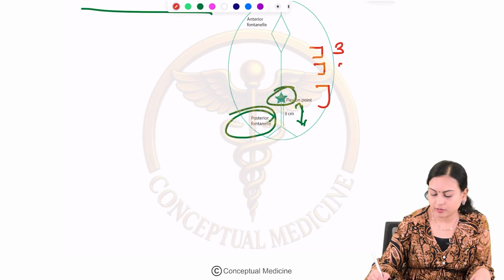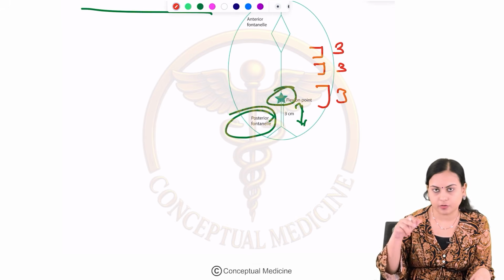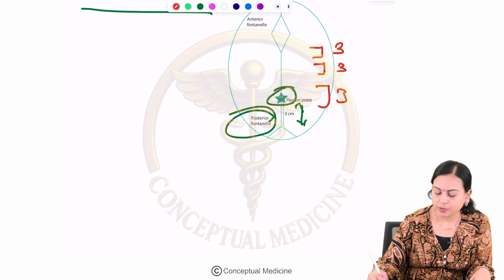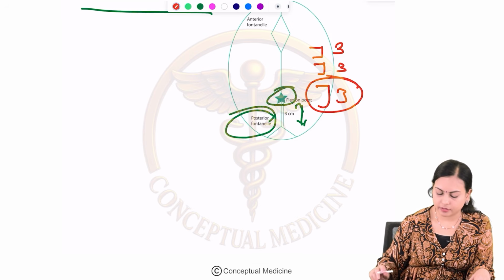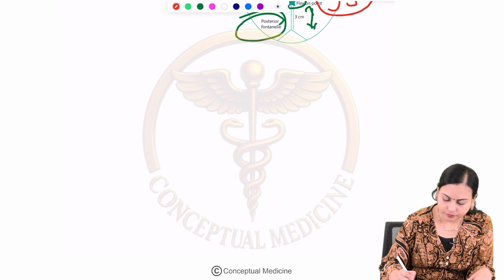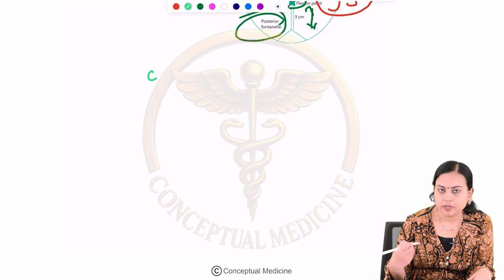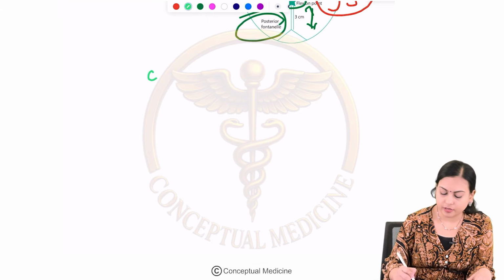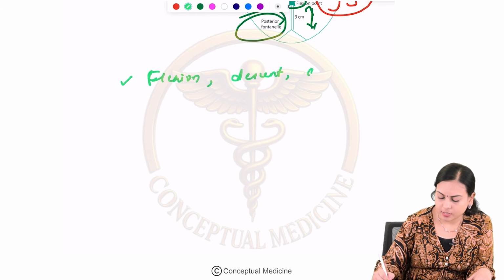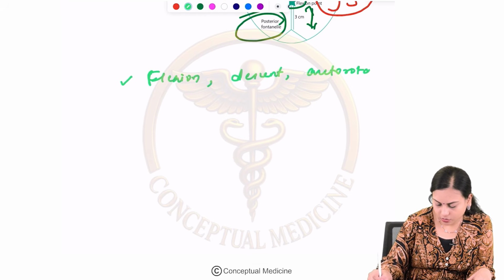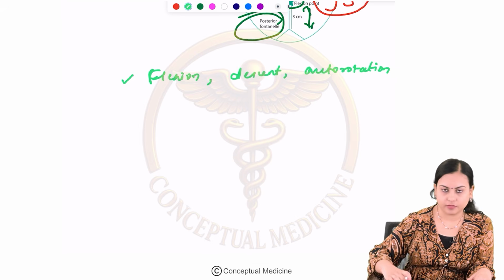Okay, so the distance will be around 9 centimeters and you have to apply it in the last third. Okay, right. So now what is the importance of this flexion point? Flexion point is helpful in promoting the flexion, descent, as well as it also helps in some degree of auto rotation as well. Clear?